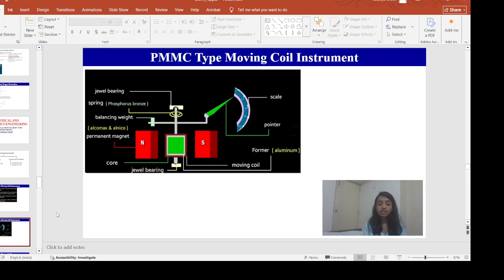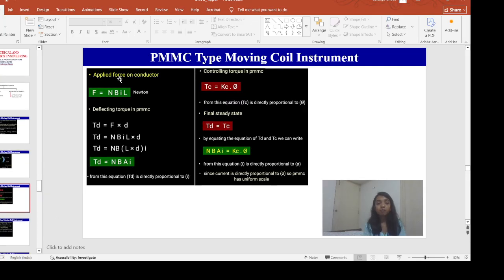Next, we will discuss the force applied on the conductor, which is F equals NBIL. The unit is Newton. What is the expression of deflecting torque in PMMC?